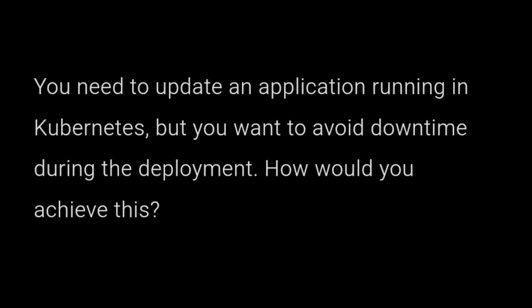The next question was, you need to update an application running in Kubernetes, but you want to avoid downtime during the deployment. How do you achieve this? To achieve zero downtime deployment, we need to follow rolling updates. The recommended strategies are blue green and canary.